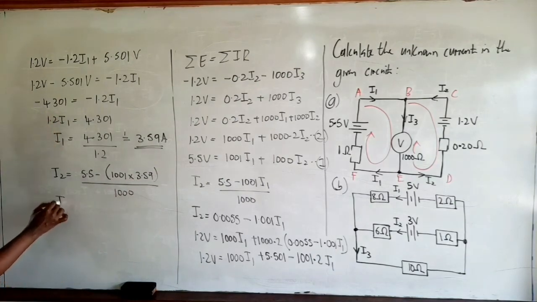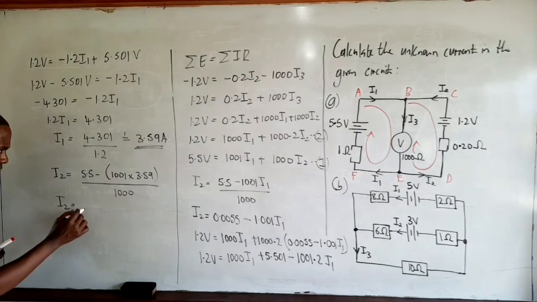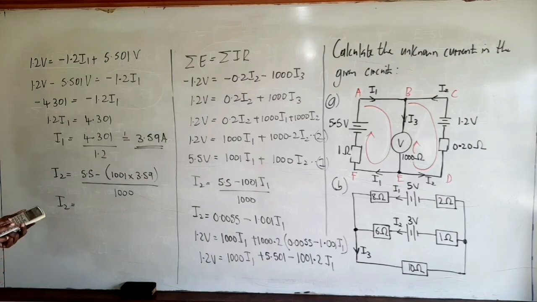And so I2 is equal to, let's work this out. So 1001 times 3.59 gives us that, and we take that away from 5.5.